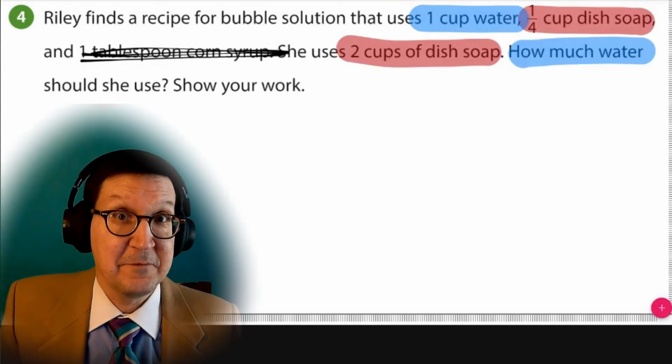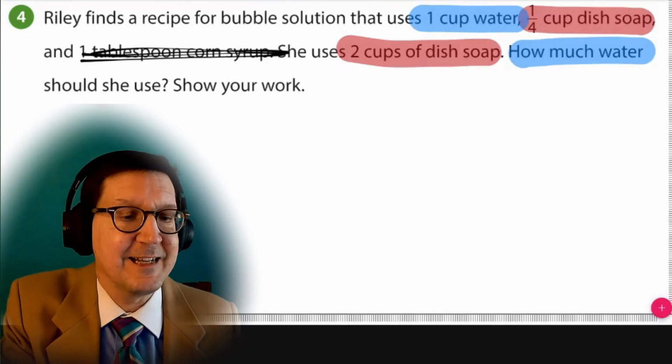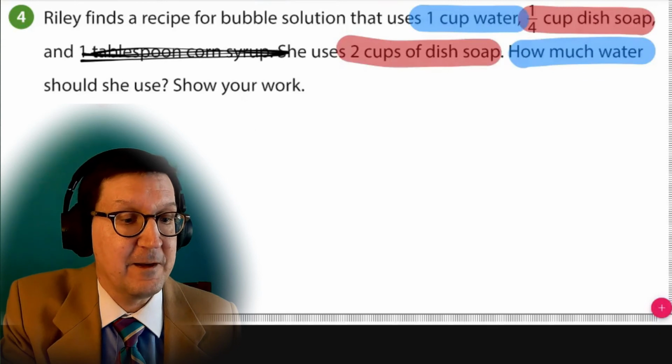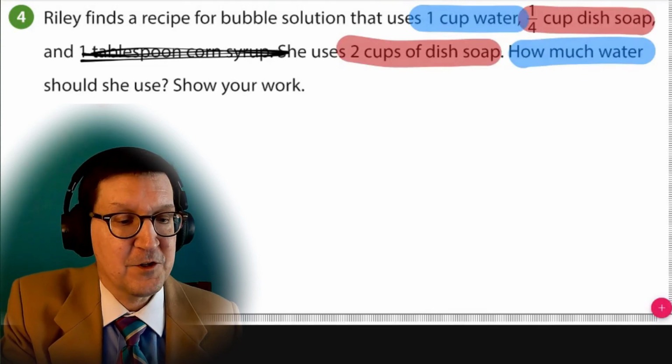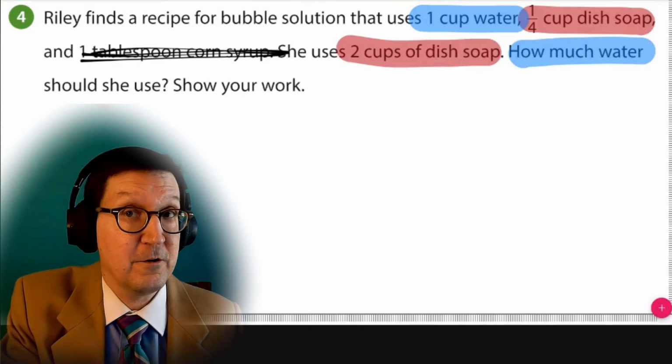All right, welcome back. How'd you do? Well, first of all, let's be sure and set up our proportion properly, right? We're looking for how much water should she use per 2 cups of dish soap. So looking for water per soap.